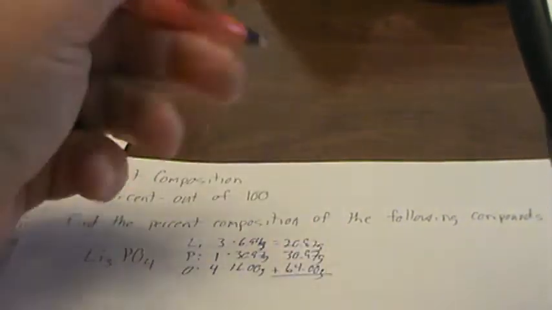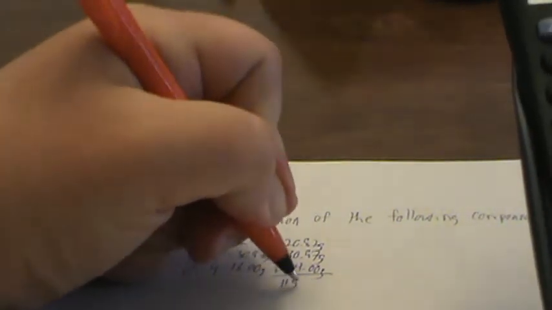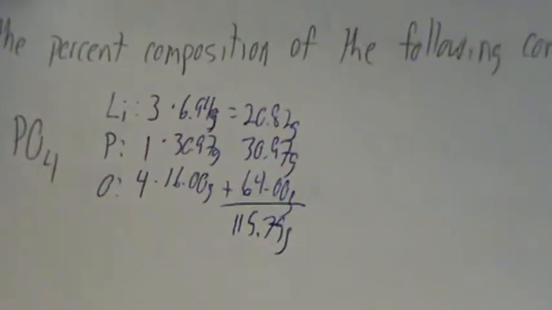Once we've done that, we add up all of it to get the total mass. So 20.82 plus 30.97 plus 64, and we come up with a mass of 115.79 grams for the total mass.